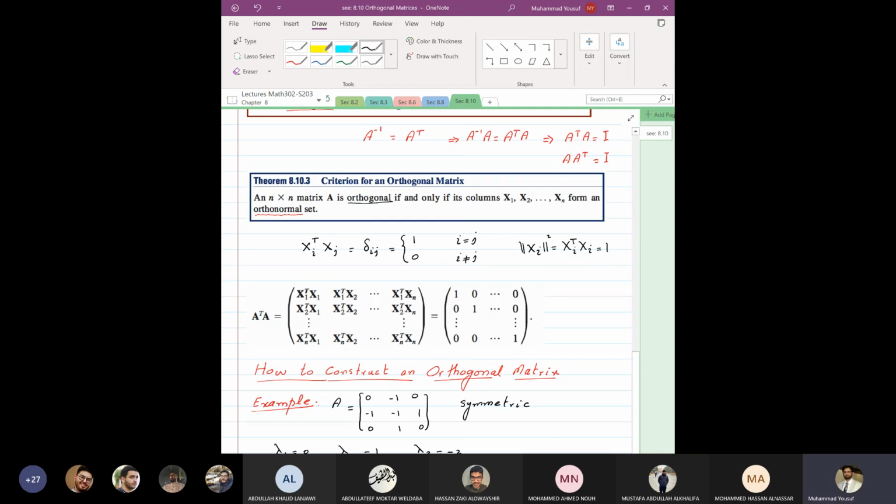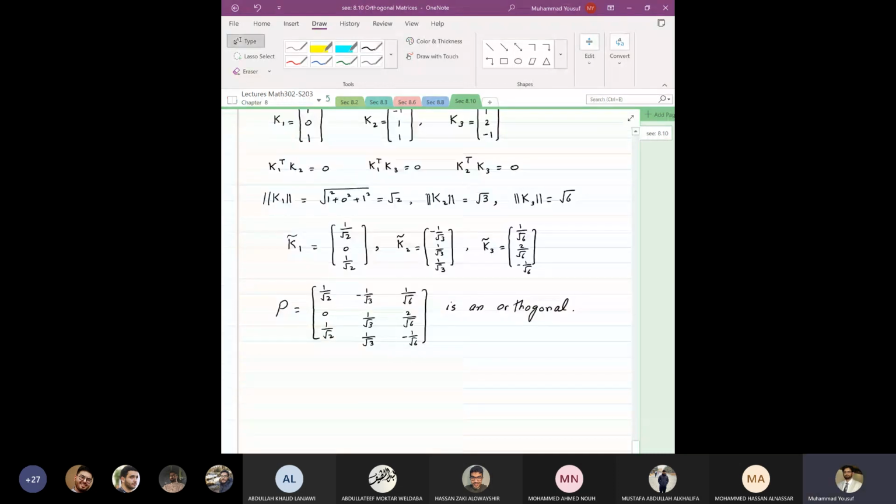So for orthogonal, only one condition is satisfied, that their product is 0. But for orthonormal, two conditions: number 1, they are orthogonal; number 2, the norm of each vector or column is equal to 1.